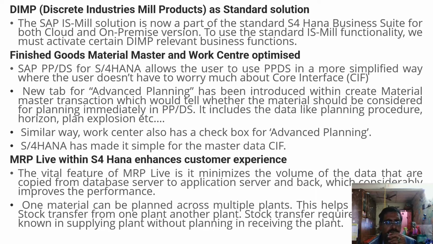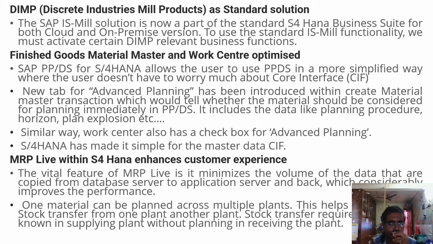Okay, and then when coming to finished goods material master and work centers, which get optimized, we have SAP PP/DS for S/4HANA, which allows the users to use PPDS in a more simplified way, but the user does not have to worry much about the core interface, SIF.